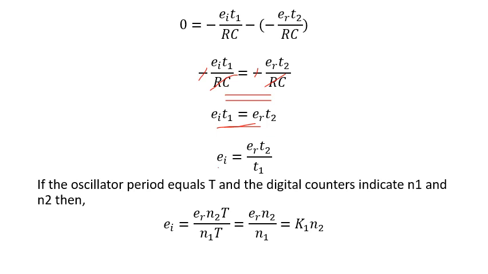Now we want to find the value of EI, the unknown input voltage that we want to measure. So EI is equal to ER T2 by T1.